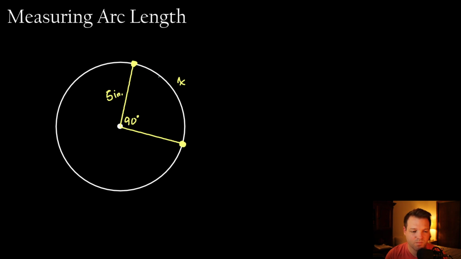Okay. And so what we're going to do is simply set up our proportions. So I know that this chunk of the pie, so to speak, is 90 degrees out of the total pie of 360 degrees. Right? So actually, you can kind of do that in your head. That's actually 1/4. It makes up 1/4 of the pie, but we don't really have to actually simplify it in order to solve this.